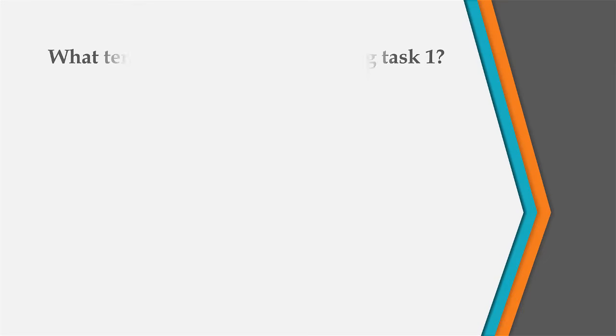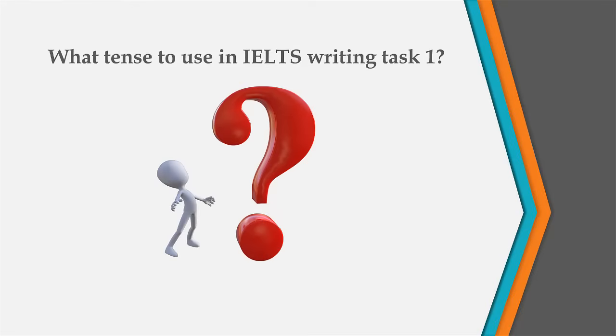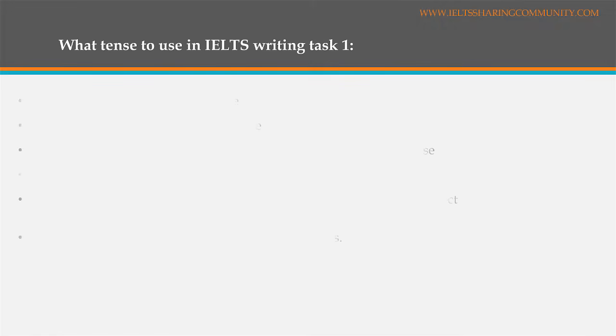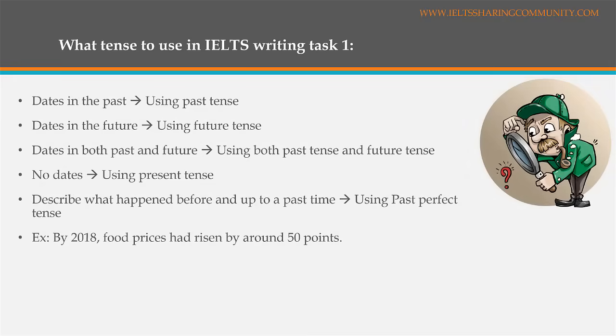Now, let's find out what tense to use in IELTS writing task 1. First of all, using the right tense in IELTS writing task 1 is essential. Depending on the dates on the map, chart, graph, or diagram shown in the text, you can easily identify the right tense. For example, if you see dates in the past, you should use past tense.